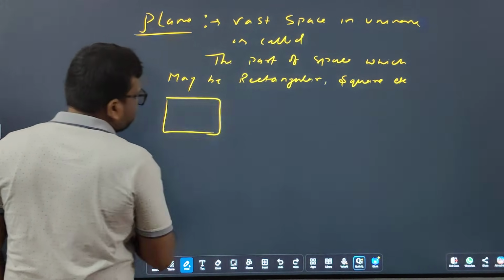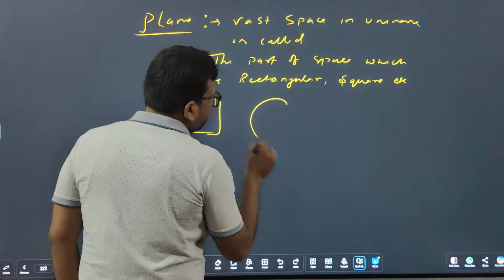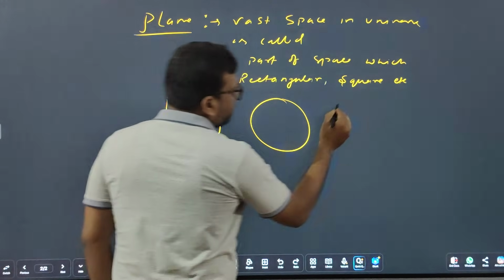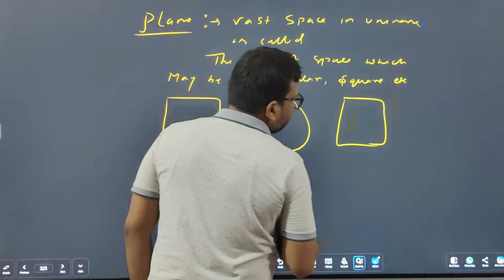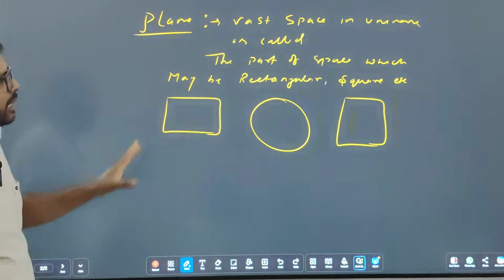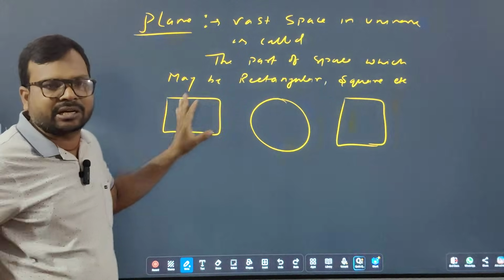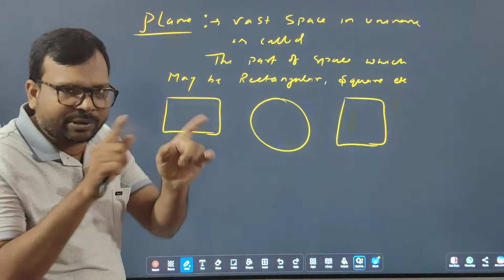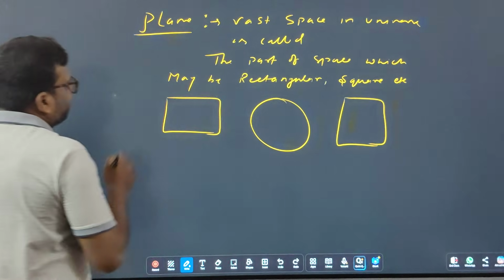If we take, this is a rectangular plane, this is a circular plane, this is a square plane. So we can say that it is a part of the universe, that's why it is a plane. So any part is called a plane.